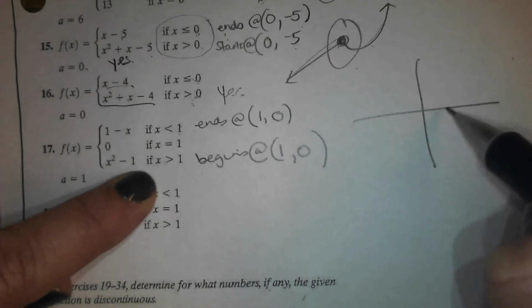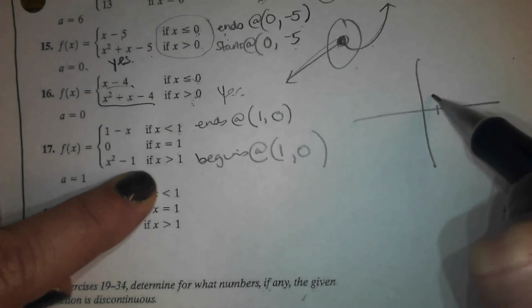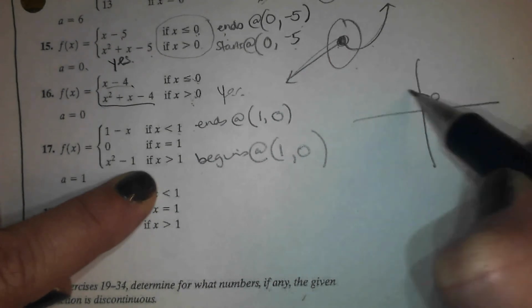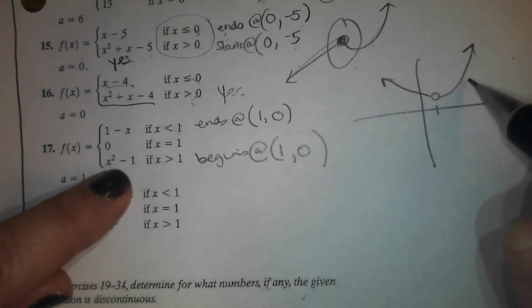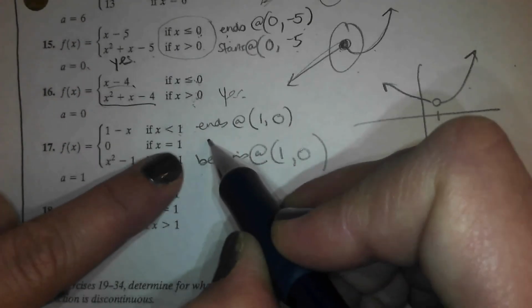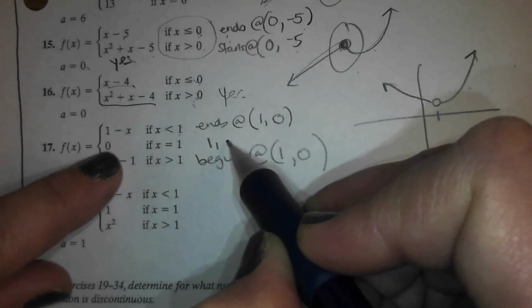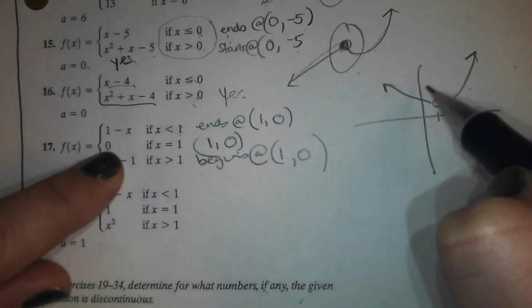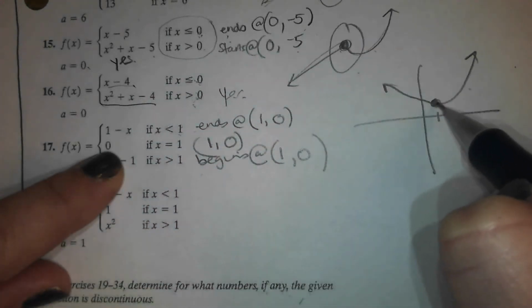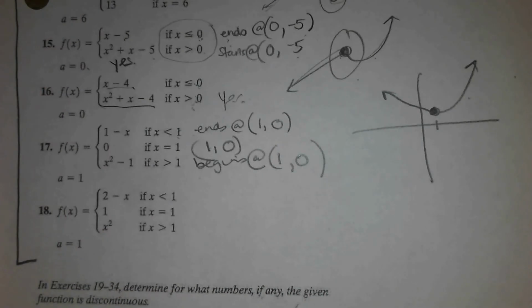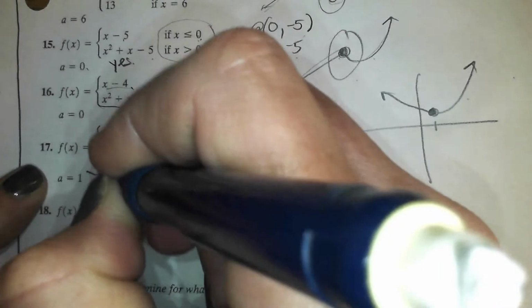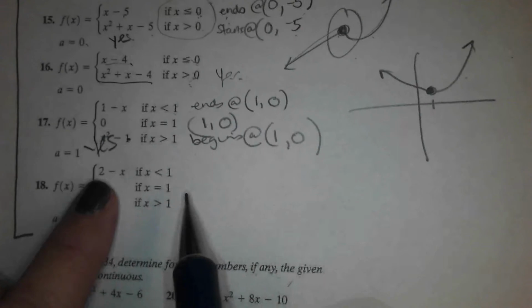So if I look at a graph, and I don't know exactly what this would look like, but this one's ending at 1, 0, and this one's beginning at 1, 0. And then here's an actual point at 1, comma what? 0. So right at 1, we fill that hole with the point 1, 0, which creates the continuity. So is this continuous at 1? Yes. Okay? Last one here.